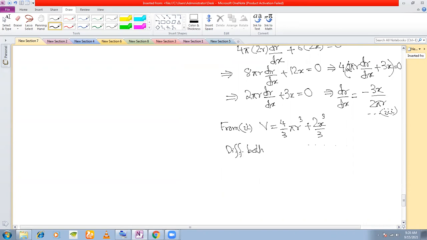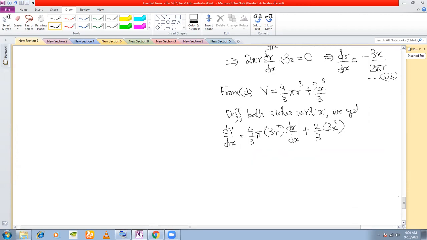Because we have differentiated 1 with respect to x, we differentiate 2 also with respect to x. With respect to x, we get dv dx is equal to 4/3 pi into 3r square dr dx, right? Plus 2/3 into 3x square, right?